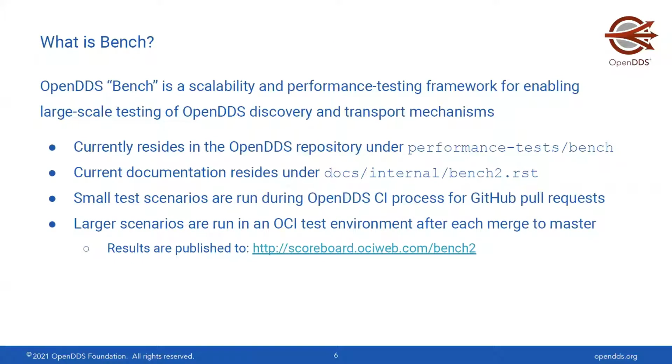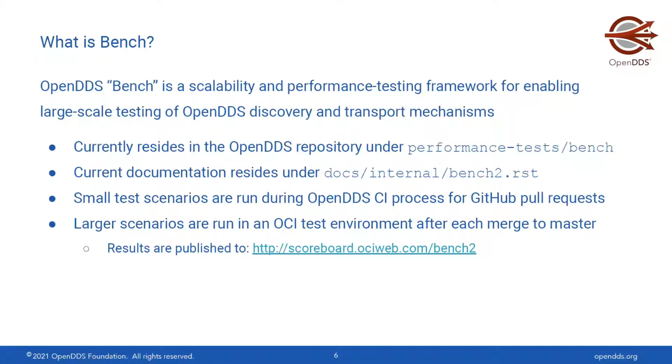So, right, what is Bench? There's a good chance that most people using or interested in OpenDDS don't necessarily know what Bench is. I don't take that for granted, since it's unique to OpenDDS and it doesn't directly align with any of the DDS standards. Bench is just short for benchmark, and at its core it's a tool we use for benchmarking OpenDDS, a scalability and performance testing framework that we are currently using.